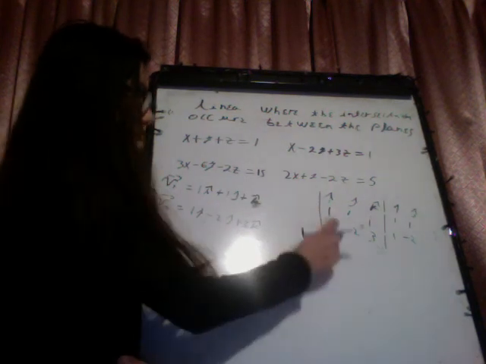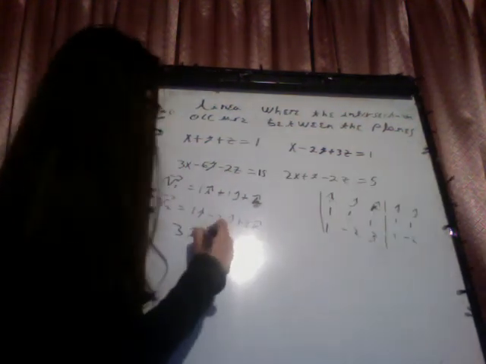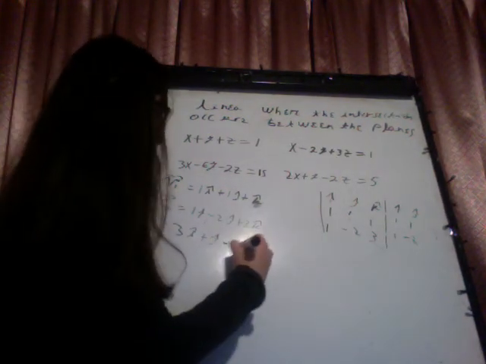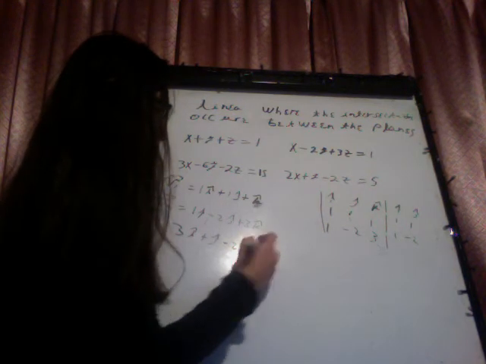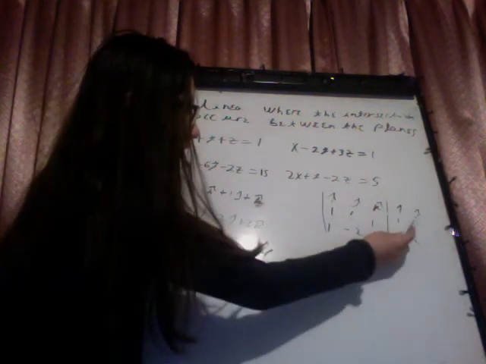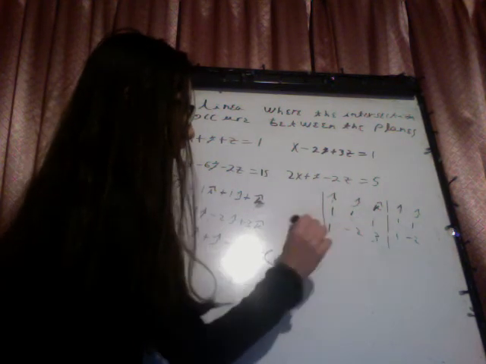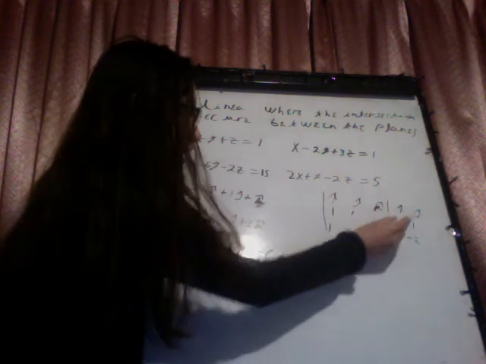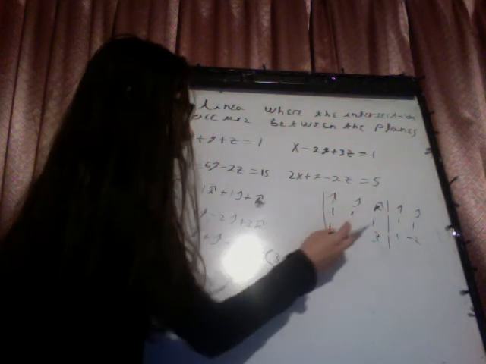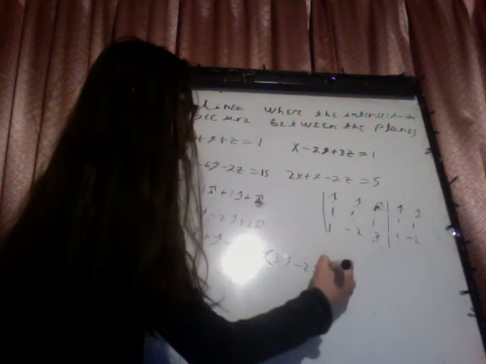So I have 1 times 3 is 3i, plus j, minus 2k, all of this minus 3j, then minus 2i, and then plus k.